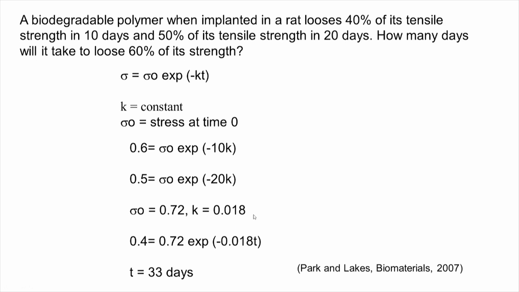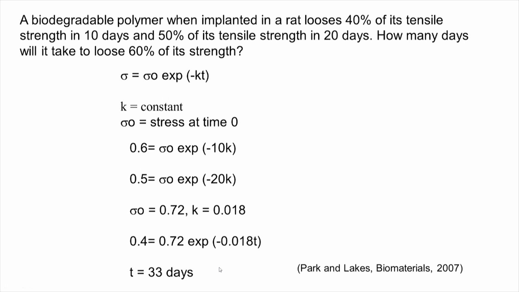Units of k is, okay, day inverse, because t is in days. Now, how many days will it take to lose 60% of its strength? That means 40% is left behind, 0.4 equals 0.72 exponent minus 0.018 t. So, we need to calculate t, that is 33 days.